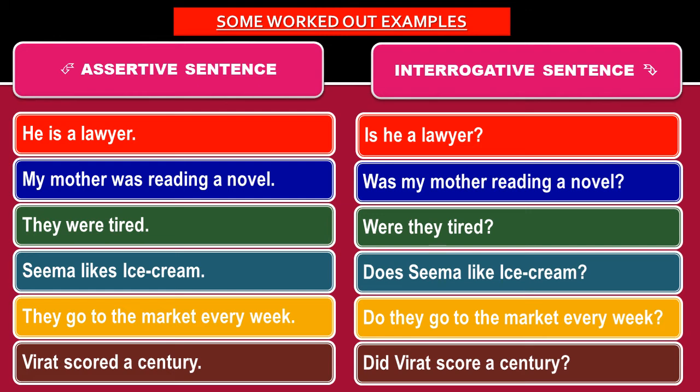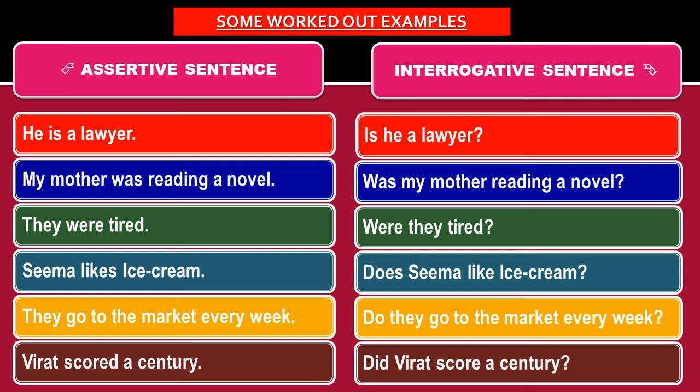So with third person singular number we have to use does. So your answer would be, does Seema like. Like I said, we have to write the verb in its original form or base form. No S, ES or IES should be added then. So, does Seema like ice cream?